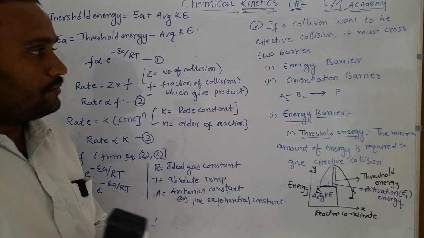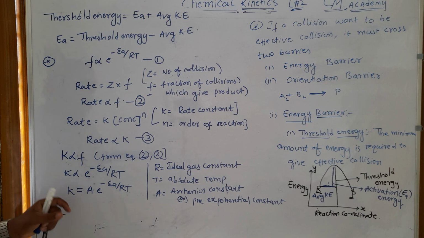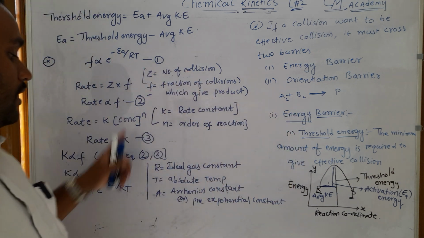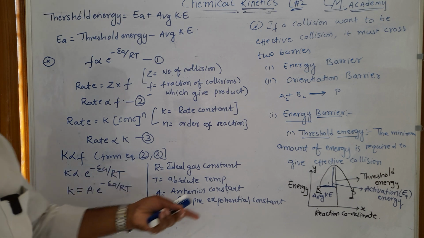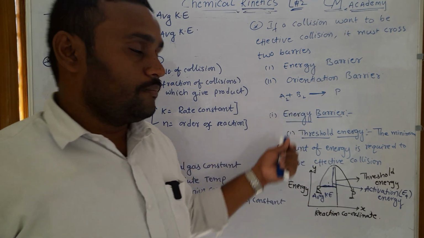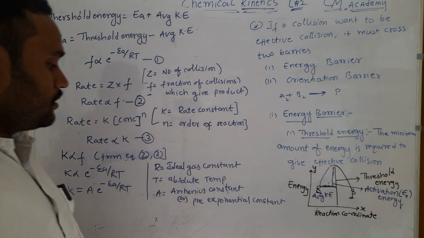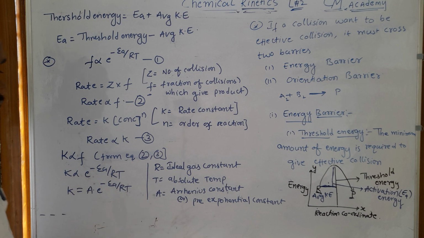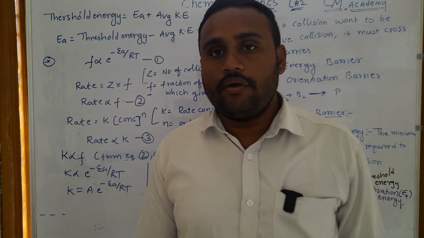Okay. So this is about the Arrhenius equation, which gives information about the energy barrier and the activation energy required to give product, means to result in an effective collision. So now this Arrhenius equation we can simplify by taking the log values also.